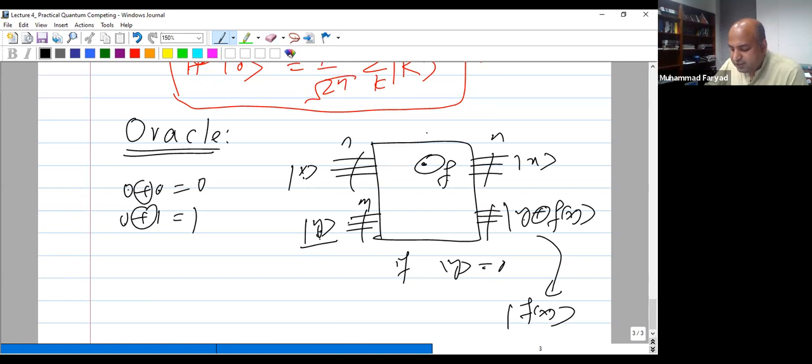So when you add 0 to anything, you essentially get the same thing at the output. So if y is 0, when it is XORed with f of x, we get f of x. Similarly, you can set y equal to 1, and then you will get something else.